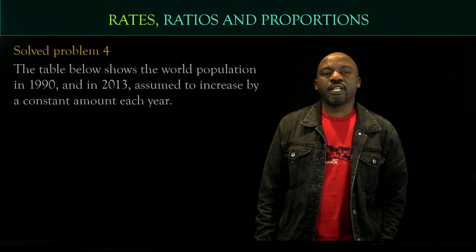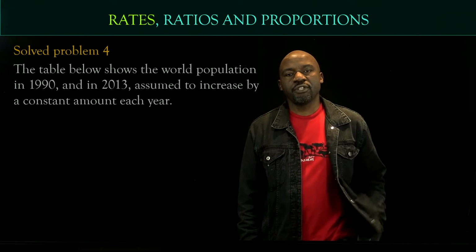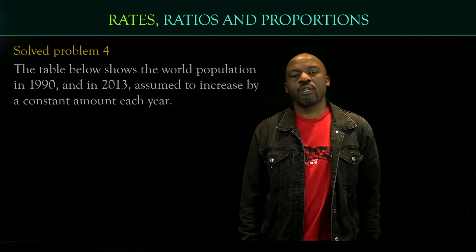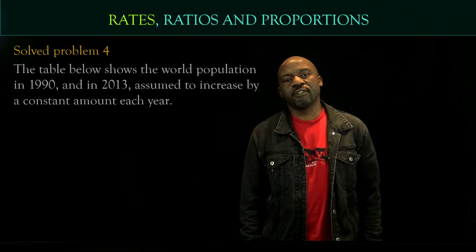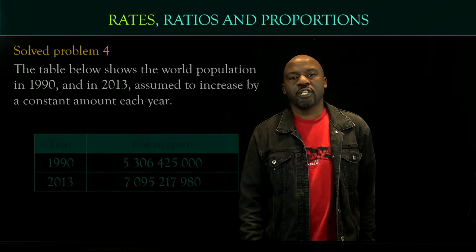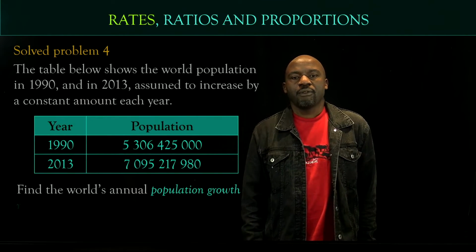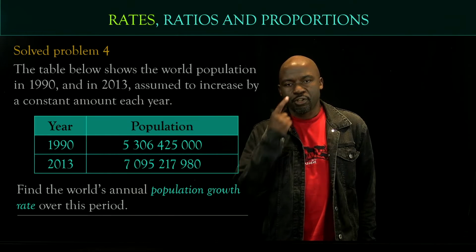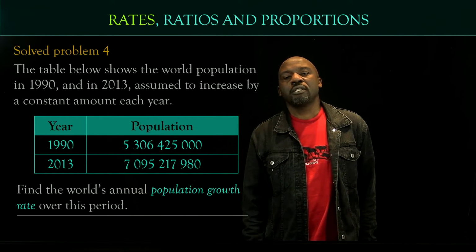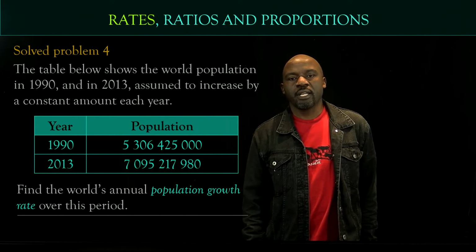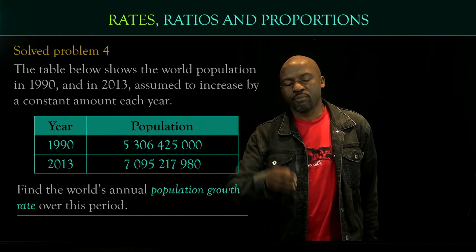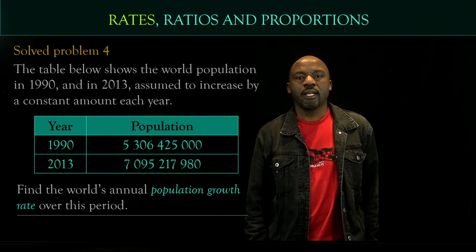So let's see, if we assume that the rate of increase is constant, the amount by which the population increases every year is constant, the question is, so that's the table there, find the world's annual population growth rate. So what is this number of increase per year if we assume that it is constant? All right?